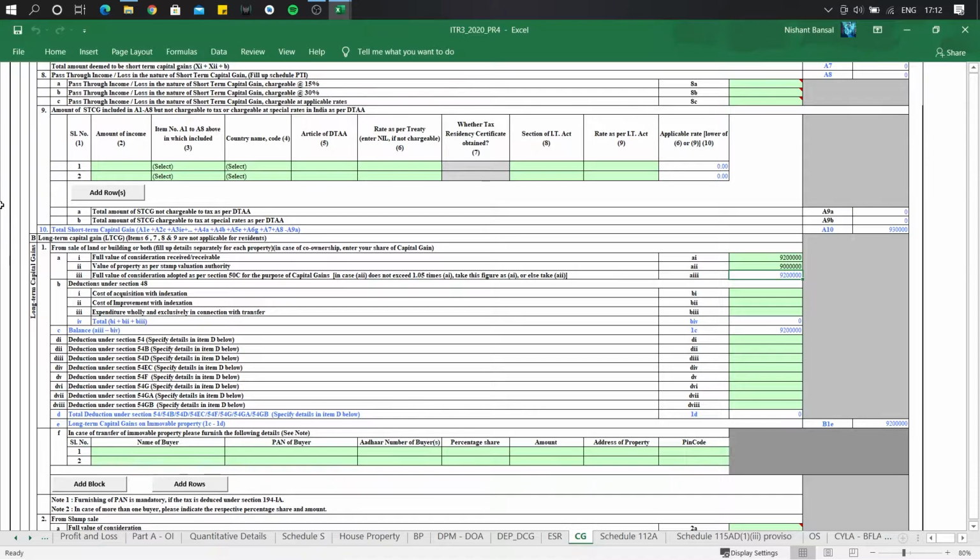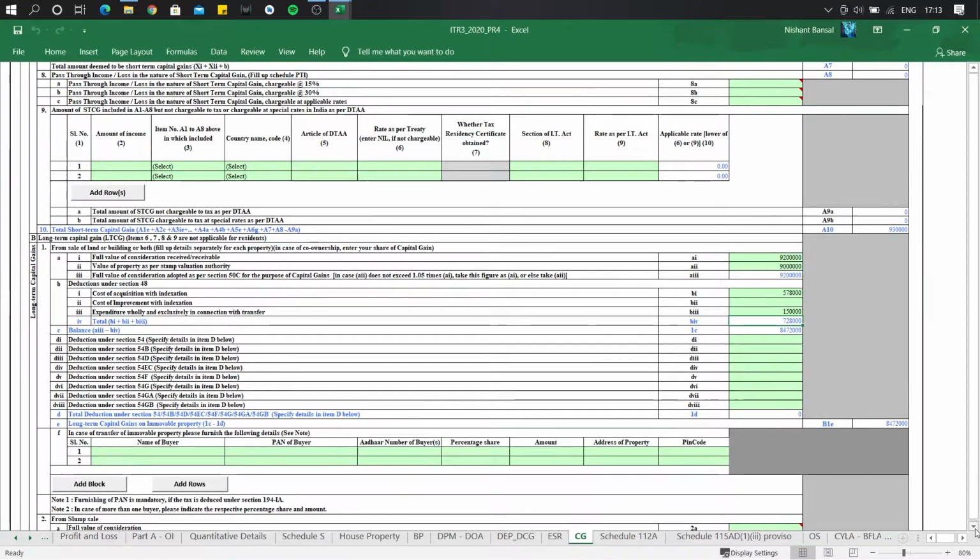Accordingly, the indexed cost of acquisition comes out to be 5,78,000. So we'll enter here 5,78,000. All right. Now expenditure is 1,50,000. Okay, so we are done with this also.